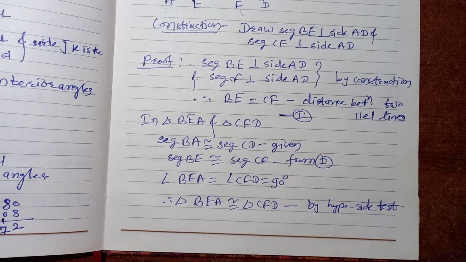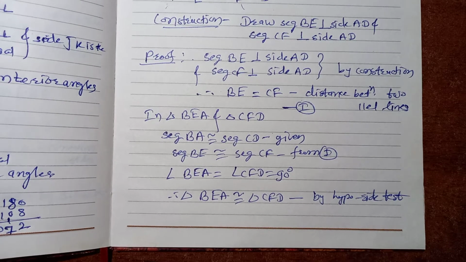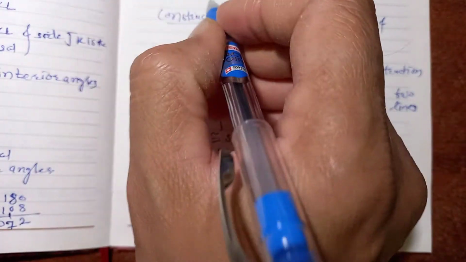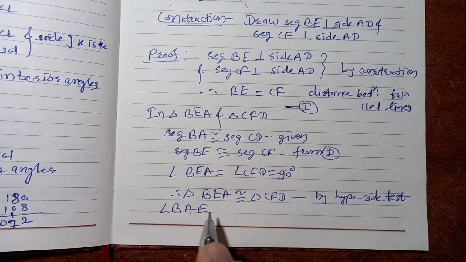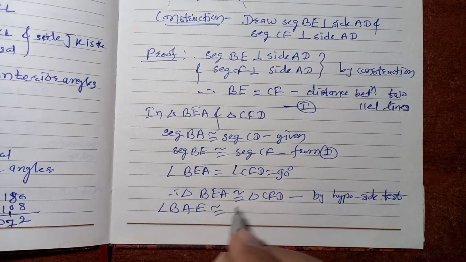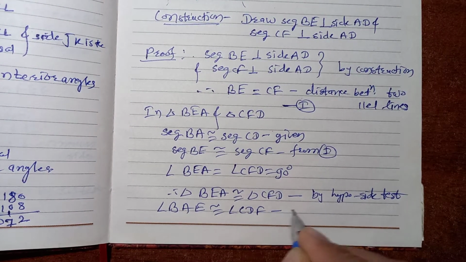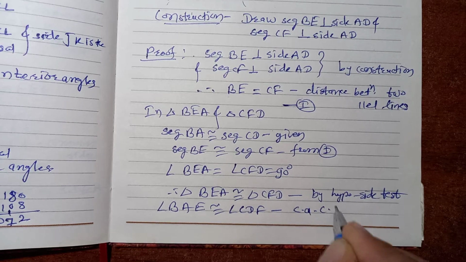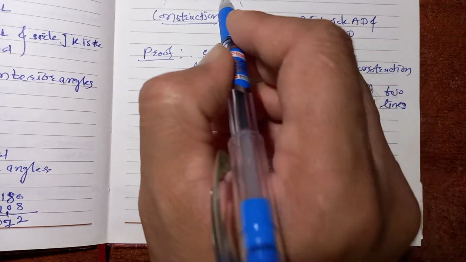Here can we say these two angles are congruent? Angle BAE is congruent to angle CDF. Yes, we can say, corresponding angles of congruent triangles BAE and CDF.